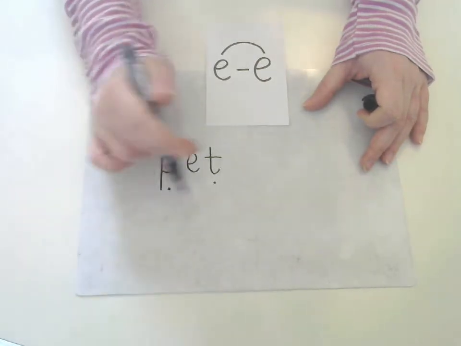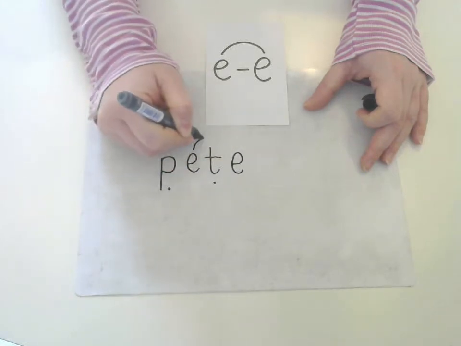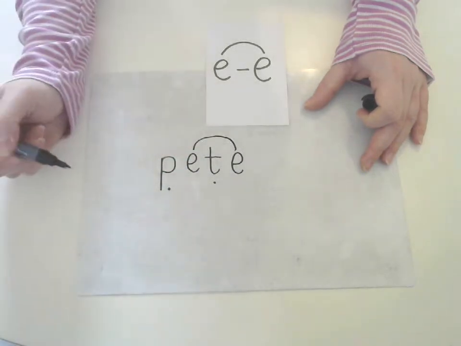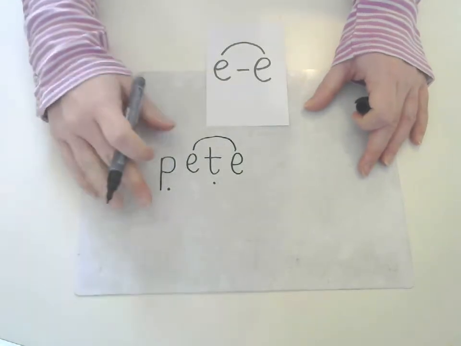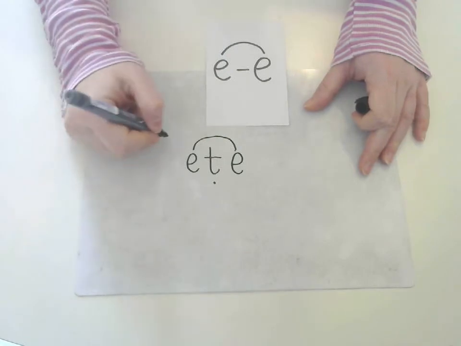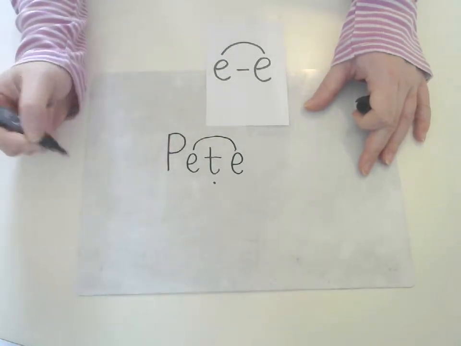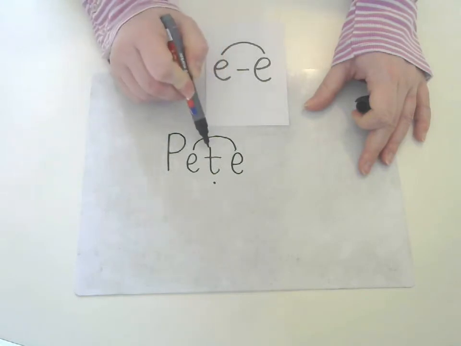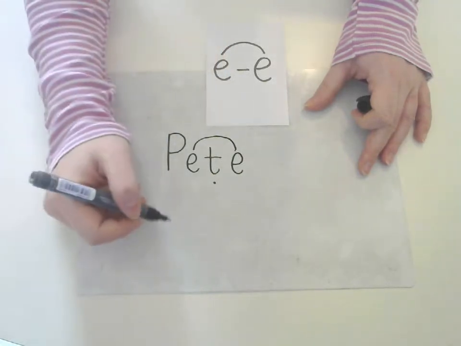If we change this into a split digraph, it changes from pet to Pete. Obviously, if this word is Pete, he would need a capital letter because that is his name. Let's have a go with one other.